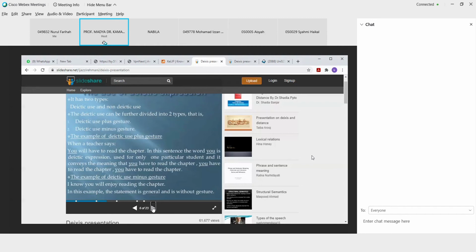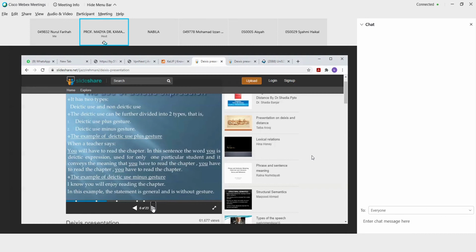For example, if I say to you, "you will need to read books," that is deictic use plus gesture, because I mean all of you. But there is also deictic use minus gesture, meaning the deictic use is there, but it does not indicate a specific person.